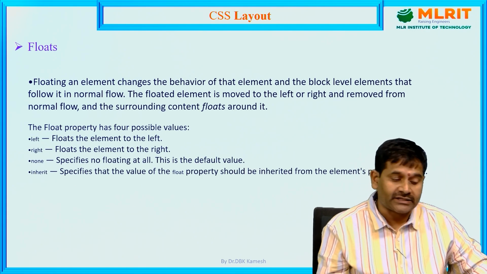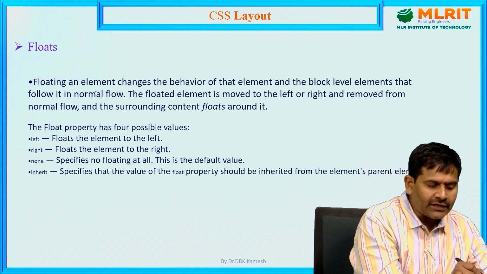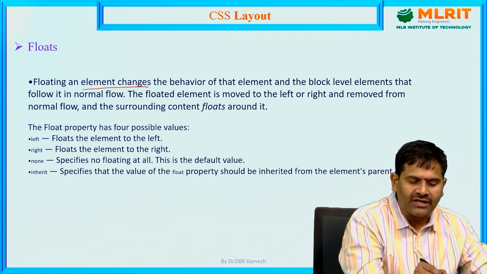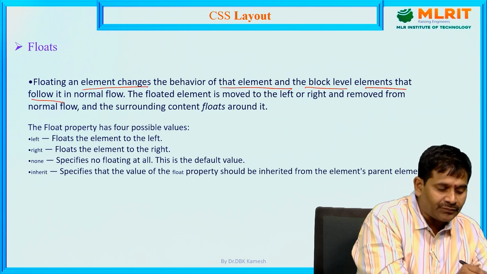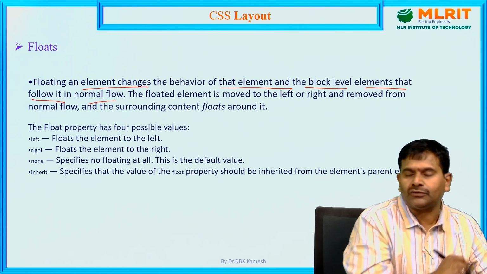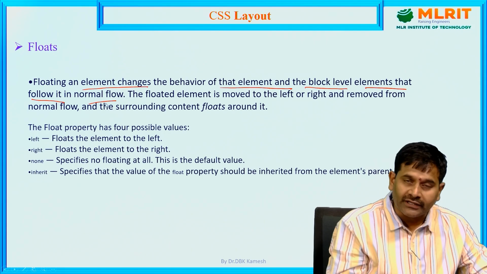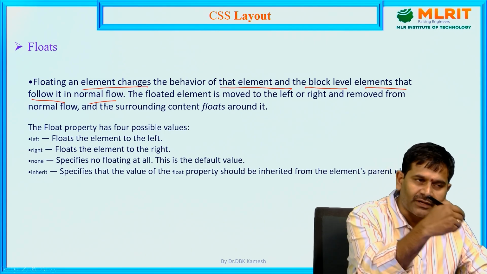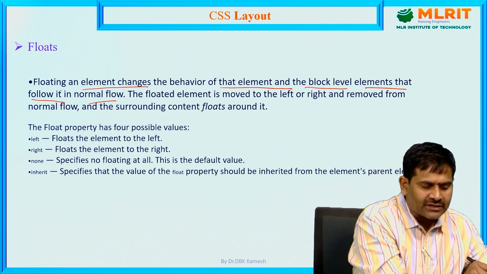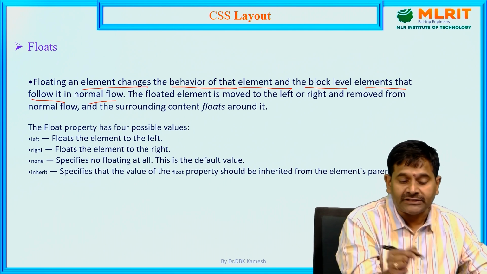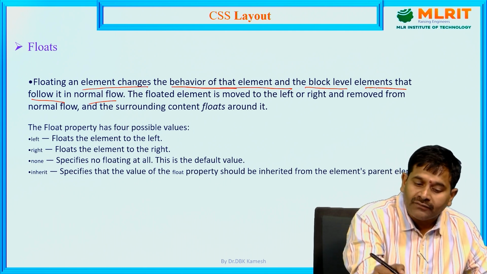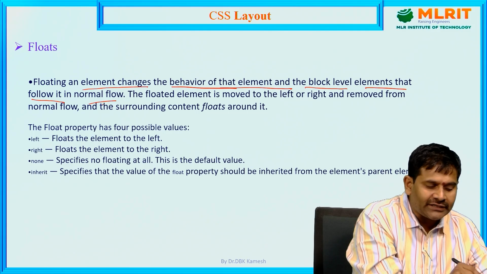Next, floats. Floating an element changes the behavior of that element and of the block level elements that follow it in the normal flow. So what is the difference between the previous one and this one?